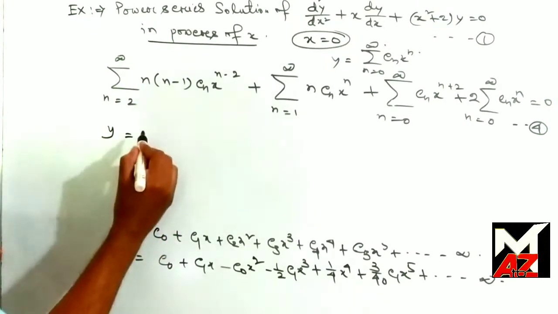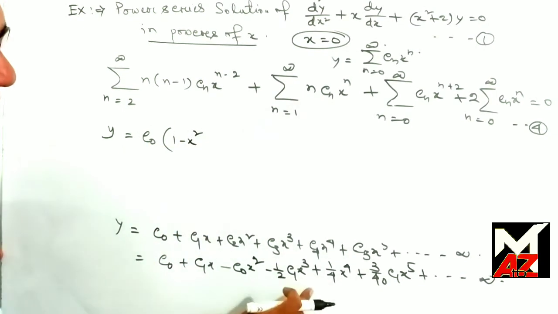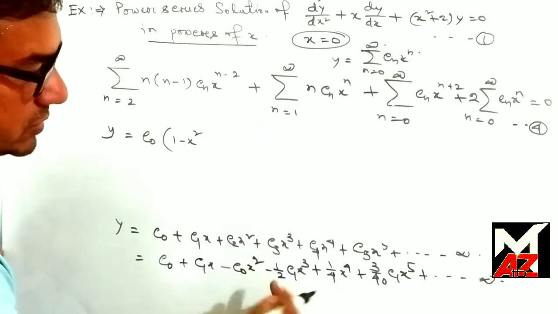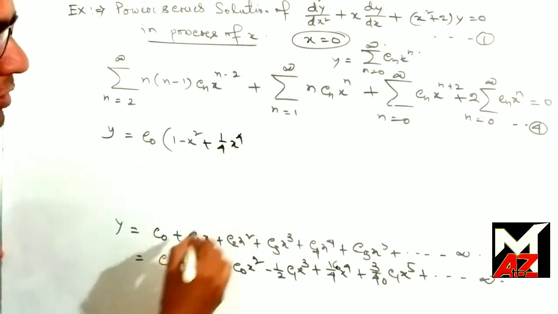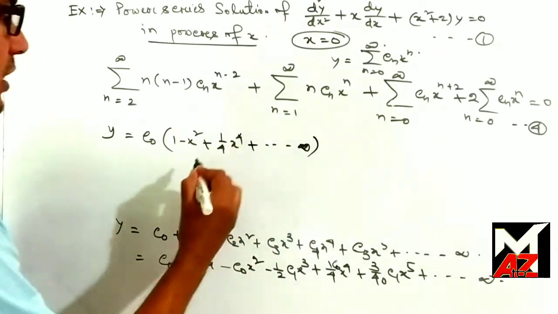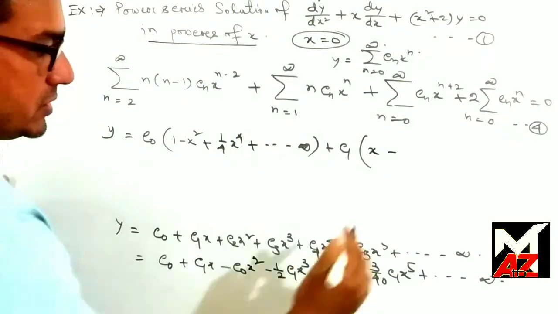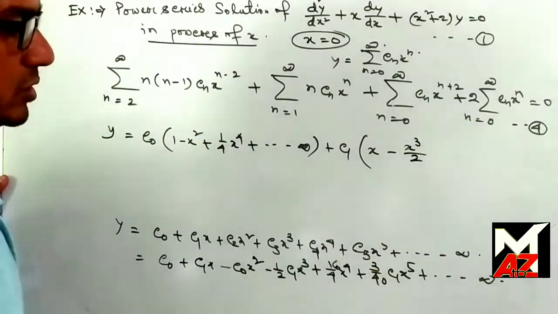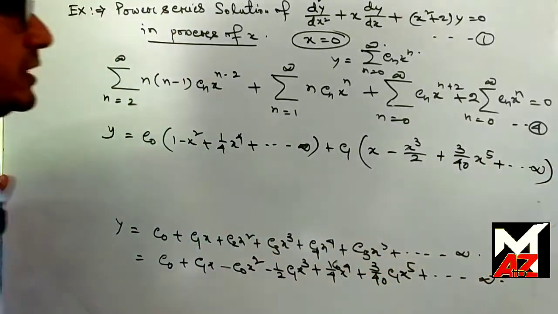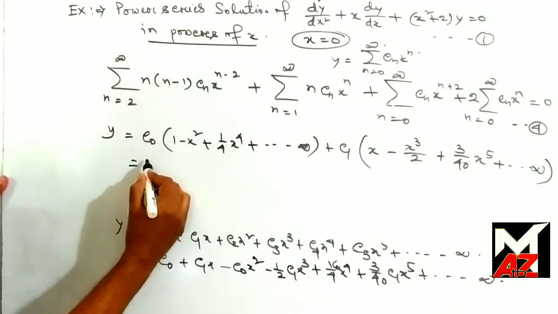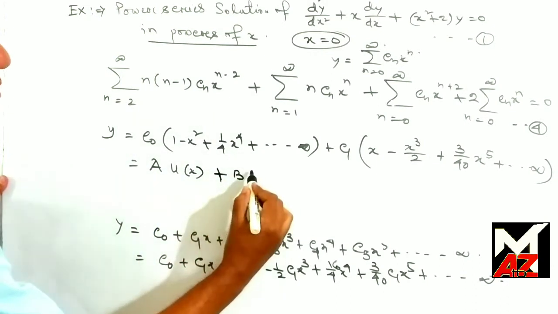Y equal to C0 into (1 minus x square plus 1/4 into x to the power 4 to infinity) plus C1 into (x minus x cube by 2 plus 3 by 40 into x to the power 5 to infinity), and this is C0 into u of x plus C1 into v of x.